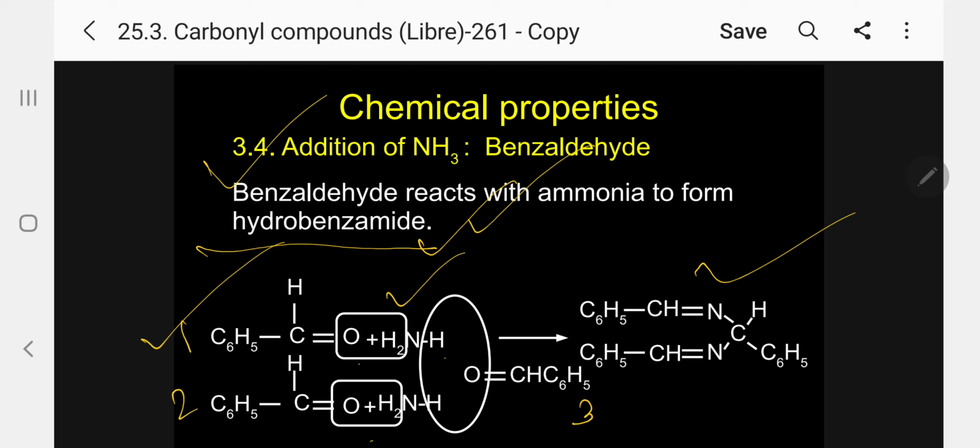C6H5CH=N-C, again C6H5CH=N-C. One side a phenyl group, another side correspondingly. Kindly follow. This is very, very interesting information you have to remember. So, 3 sides we have; in this case benzaldehyde kindly reacts with 1 molecule. This is 1 for the benzaldehyde, 2 moles of the 3 moles of benzaldehyde I have shown you.